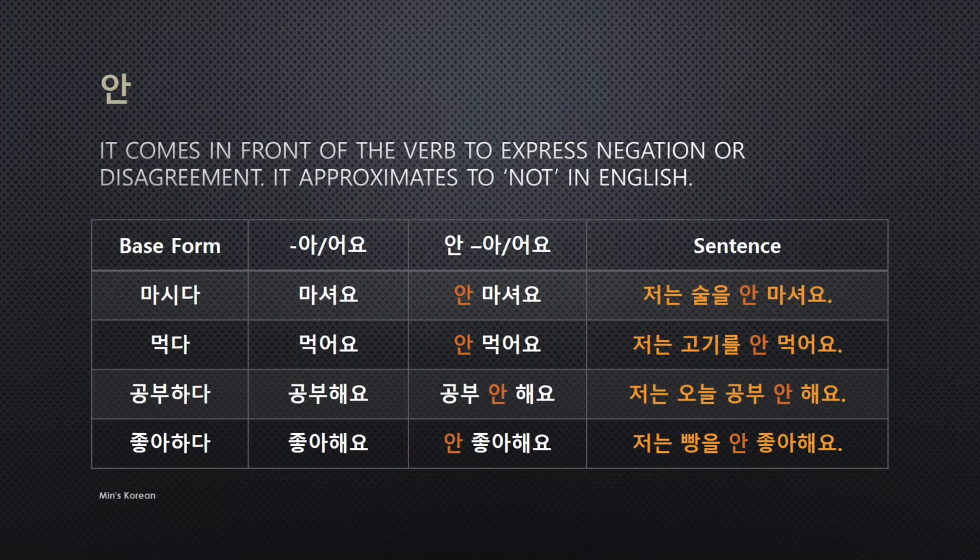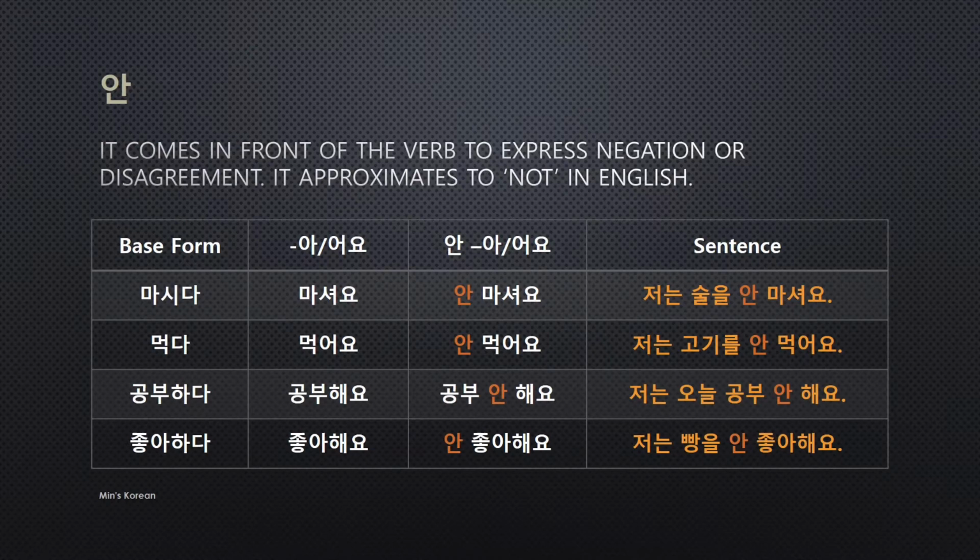자, let's have a sentence. 저는 오늘 공부 안 해요. 자, meaning 저는 오늘 today, 공부해요 study, 공부 안 해요 do not study. So I don't study today. 저는 오늘 공부 안 해요. 자, next one 좋아하다 like, informal polite form 좋아해요. 자, I don't like 안 좋아해요.